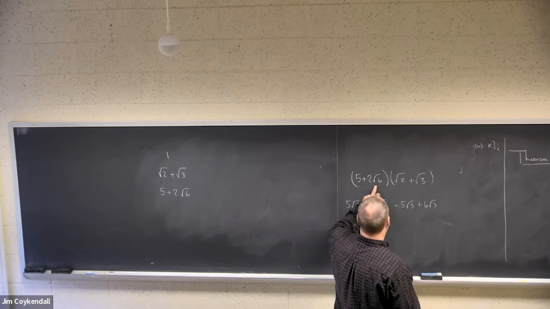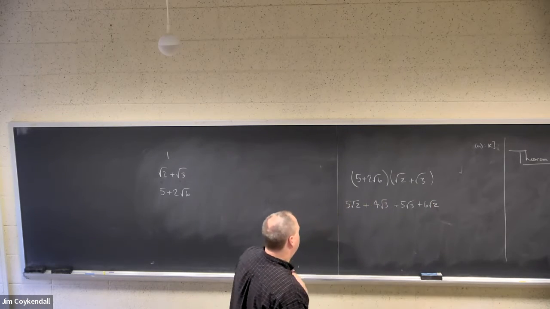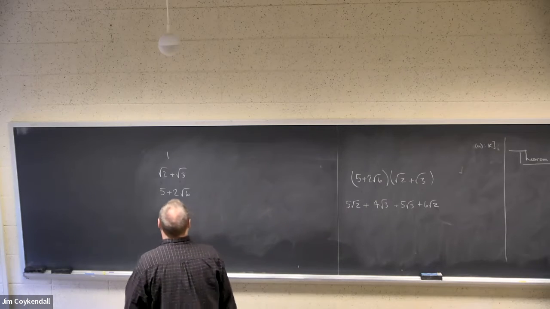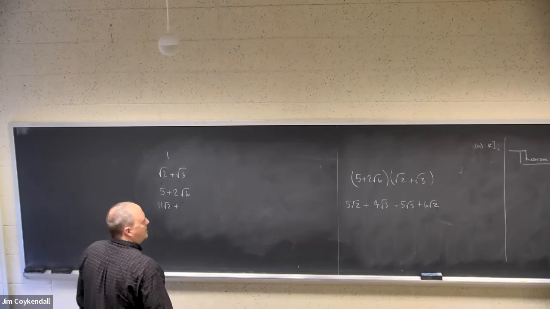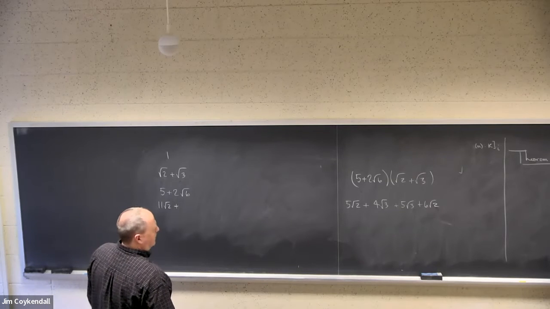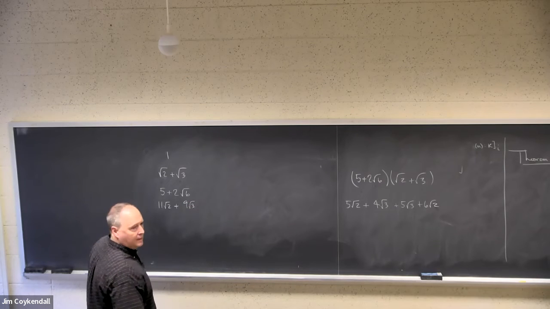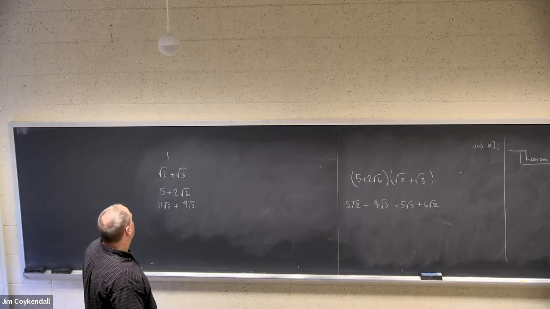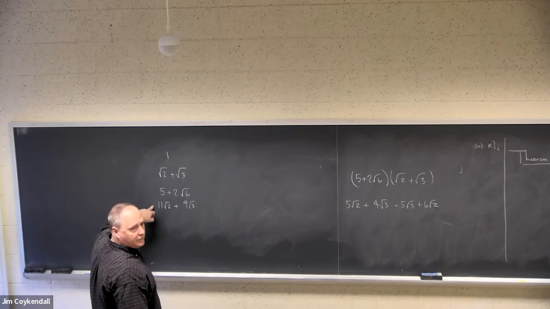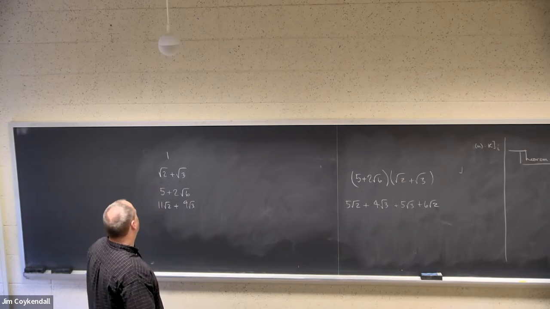Oh, yeah, that's right, that's 18. Check that out. There we go. So what I get is 11 radical 2 plus 9 radical 3. And really, all you need to do now is show that this is a linearly independent set over Q. So I wonder if that's worth our while.